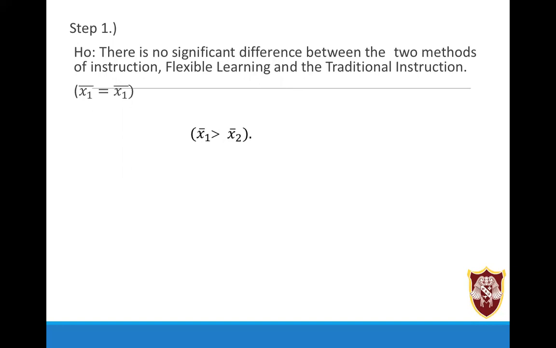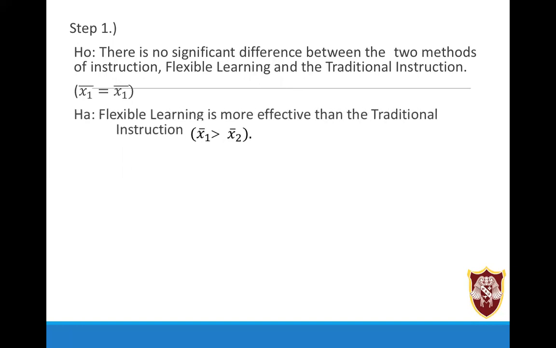And then for the alternative hypothesis, we say that flexible learning is more effective than the traditional instruction. So that means that bar x of 1 is greater than bar x of 2. So the first sample, the first one, flexible learning is more effective than the traditional instruction.